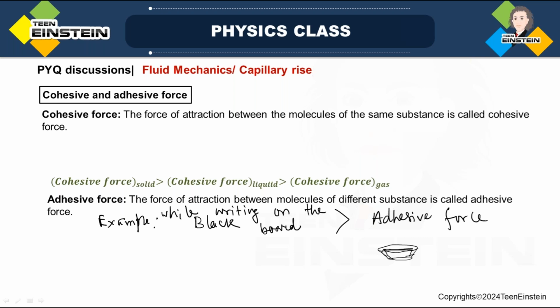This is because there is some liquid or water in between the plates, and the water molecules and the plate have different molecules, so there will be a strong adhesive force between them. So because of that, sometimes it is difficult to separate the plates from each other. So these are real life examples we have seen for the adhesive and cohesive forces.